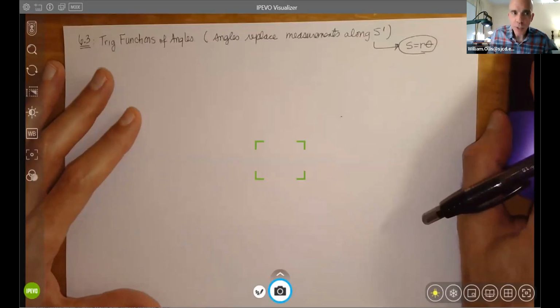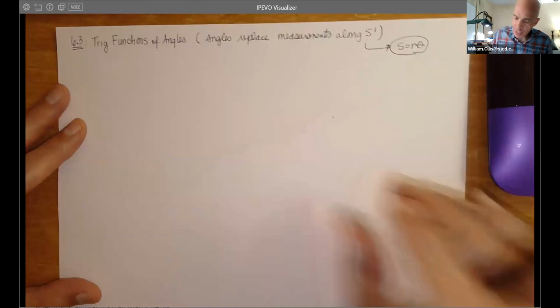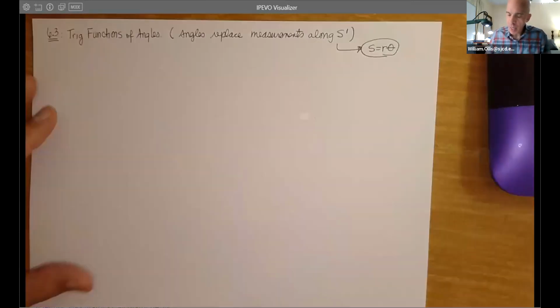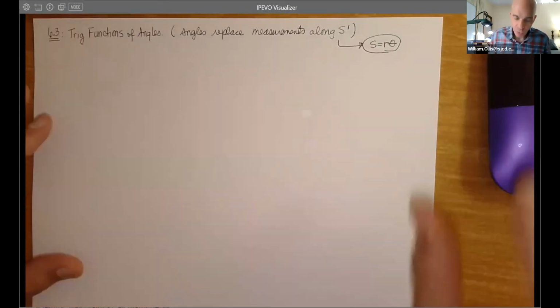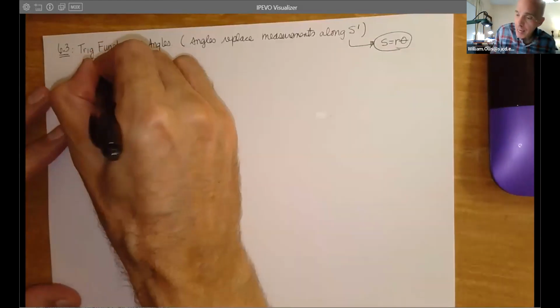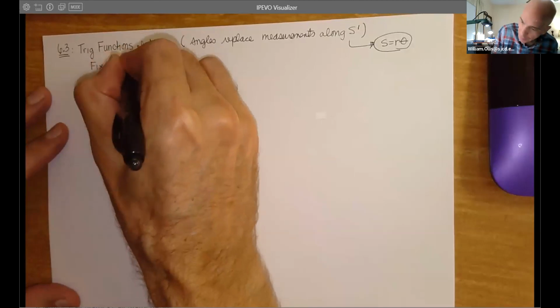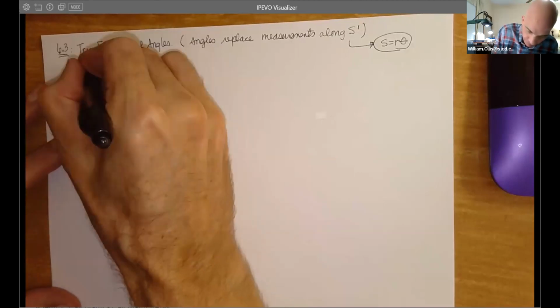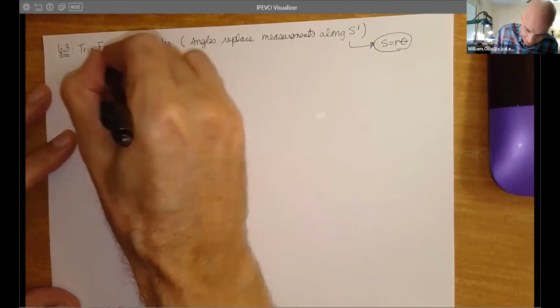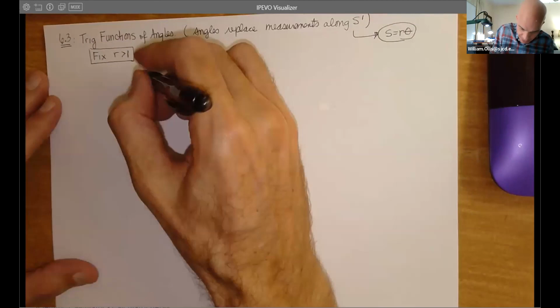Now, what I want you to do is to draw an S1, and then we're going to take an R that's bigger than 1 and have concentric circles. So first, fix, in this case, R bigger than 1. So now, go ahead and draw some axes.